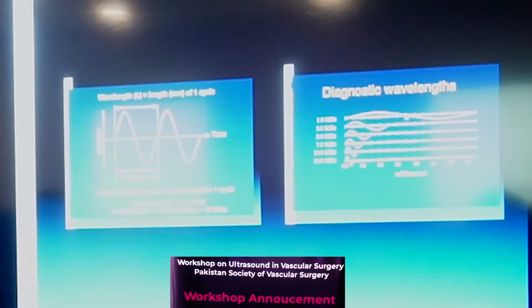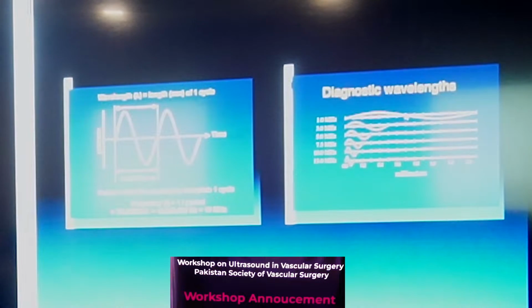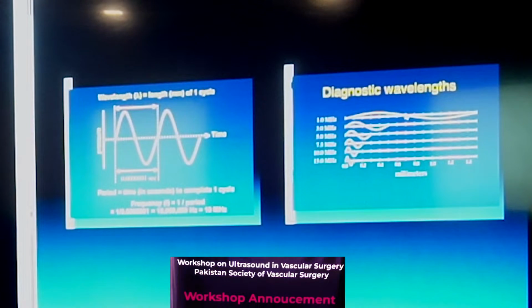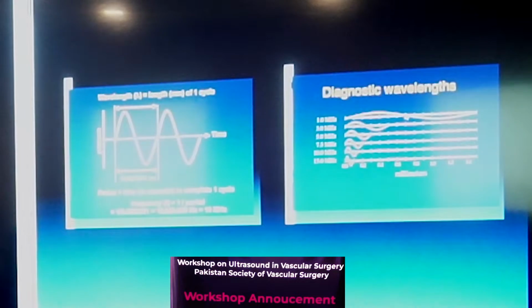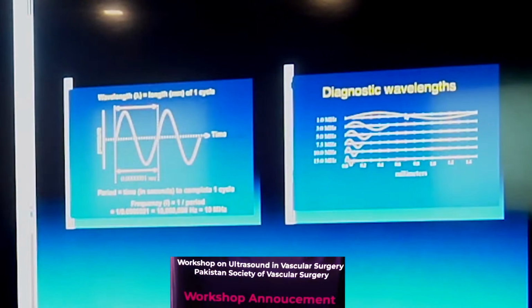But another fact: the higher the frequency, the better the picture and the better the resolution. So what can we do? There is a compromise: we use a middle-order frequency to have both good penetration to get to that structure and an acceptable resolution to see the picture.